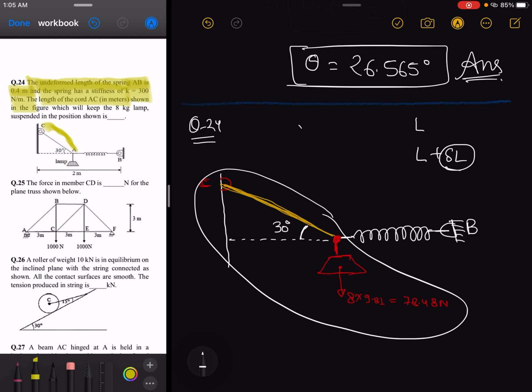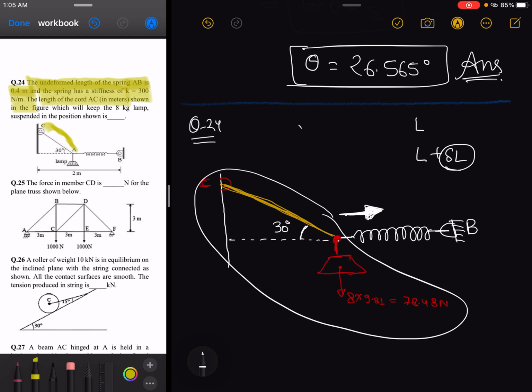Corresponding to this elongation delta L, the spring will exert a force on this lamp, because the spring will try to regain its original shape, so it will apply a force on this lamp in the rightward direction.